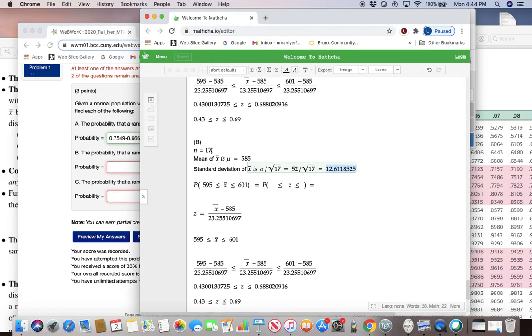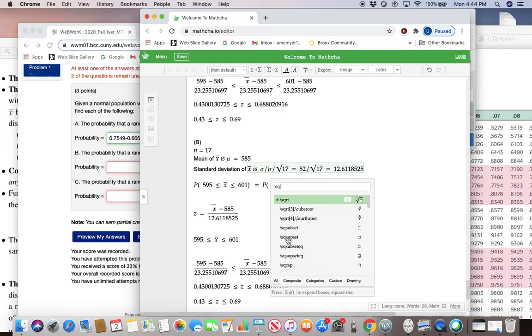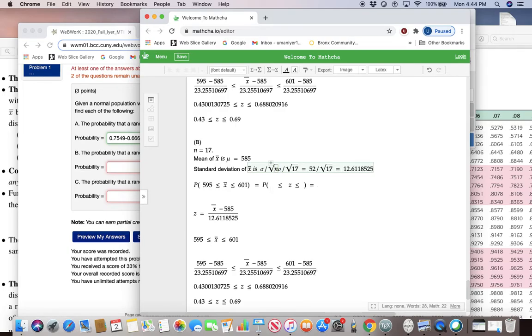So when n changes, standard deviation changes, and that is because the standard deviation of x bar is, let me write down the formula, sigma over square root n.